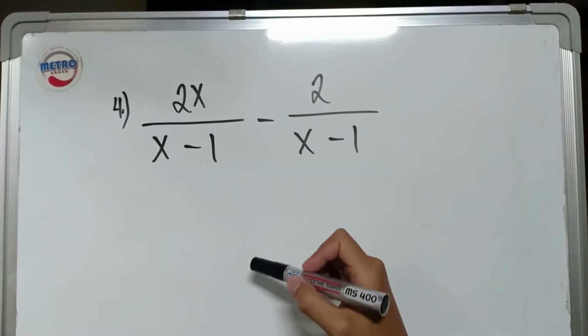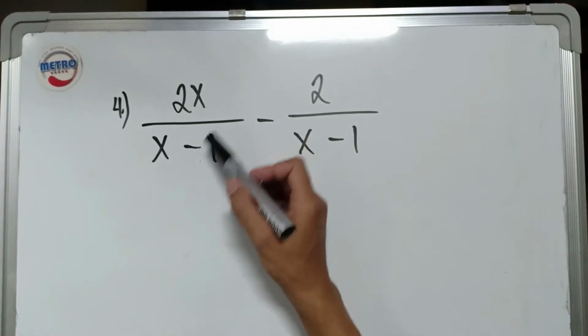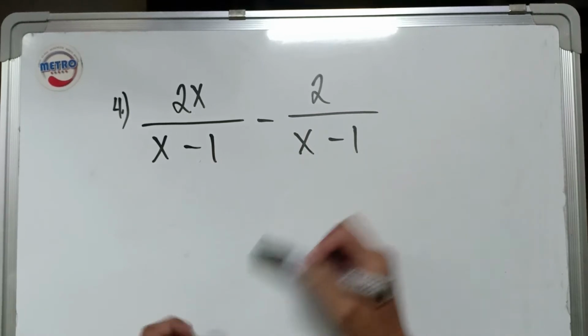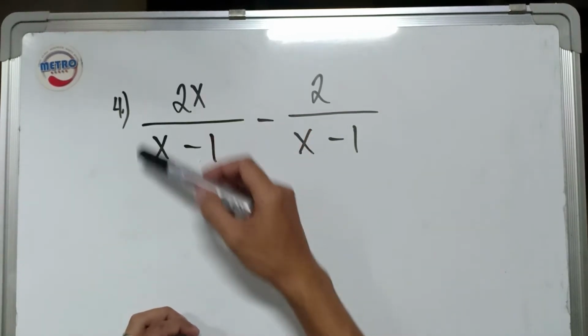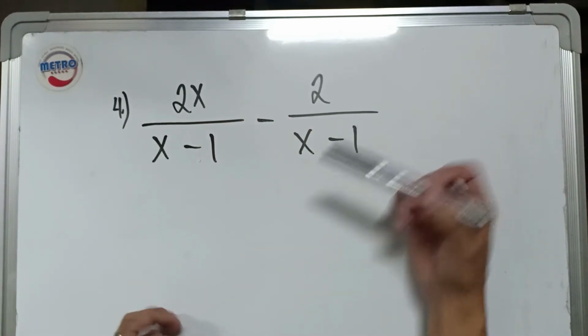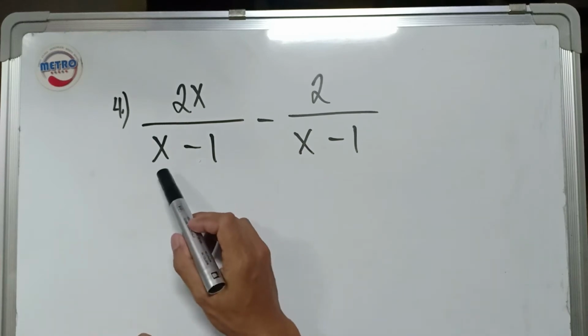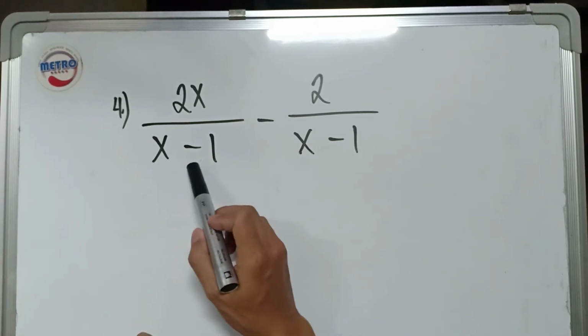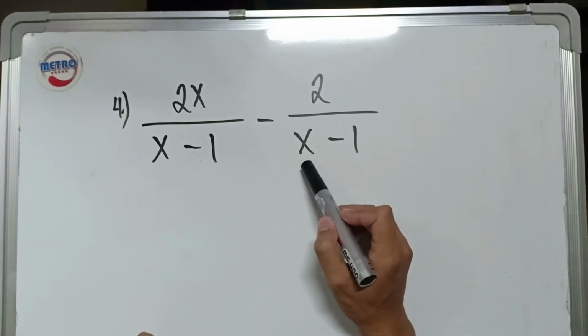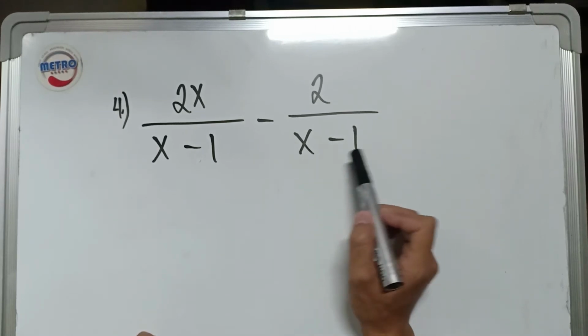Now let's have the fourth example. 2x over x minus 1 minus 2 over x minus 1. Again, we are still on the process of adding or subtracting fractions. Now, our denominator will be x minus 1 for this term. And for this other term, still, the denominator is x minus 1.